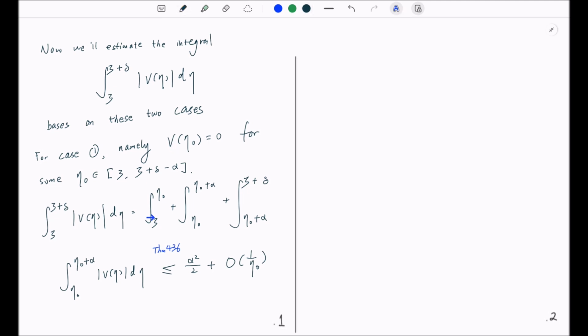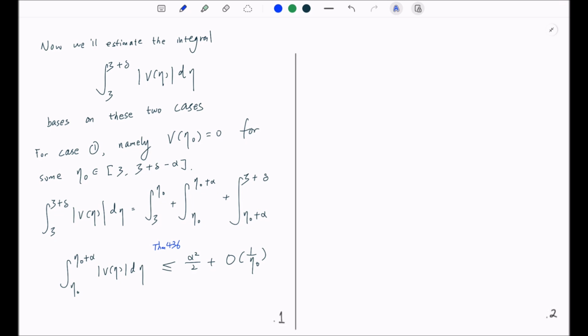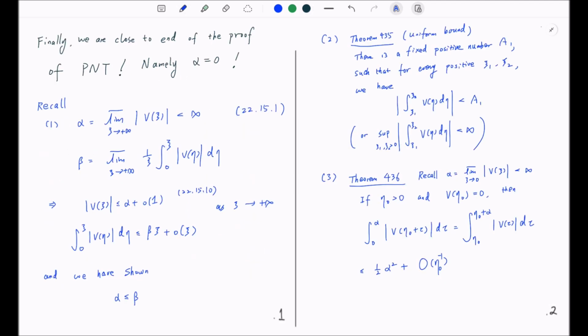Now what about the first integral and the third integral? To estimate these two integrals, we first recall the inequality 22.15.10, which says that the absolute value of v of eta is bounded by alpha plus little o of 1, which is the quantity that will go to 0 as the variable psi goes to infinity.